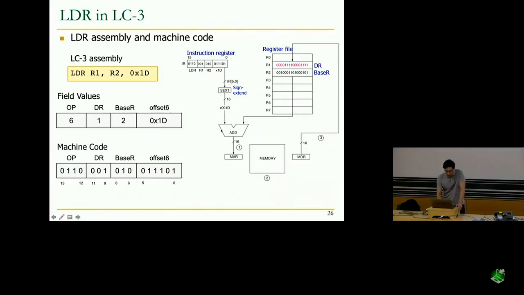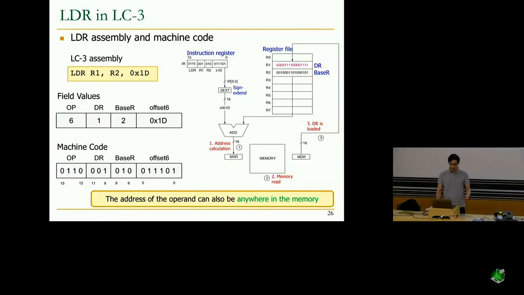So again, we add the base register and the sign extended operand in the instruction. We calculate the address, we read from memory, and finally we store the value that we just read from memory into the destination register. Again, the good thing in this LDR is that we can also access anywhere in memory.